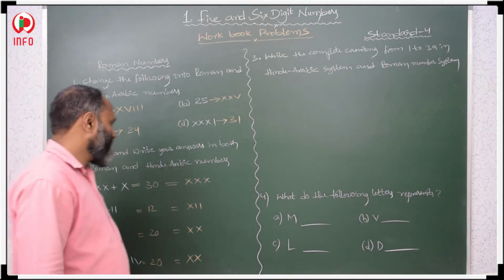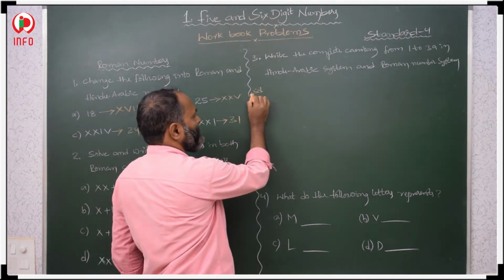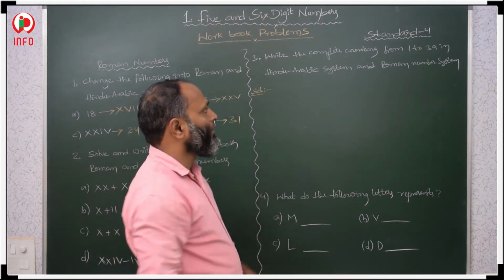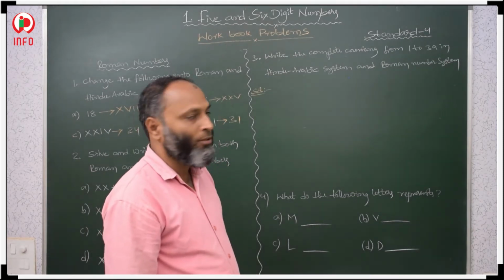One question is left. That question is here: write the complete counting from 1 to 39, in the Arabic system and the Roman system.